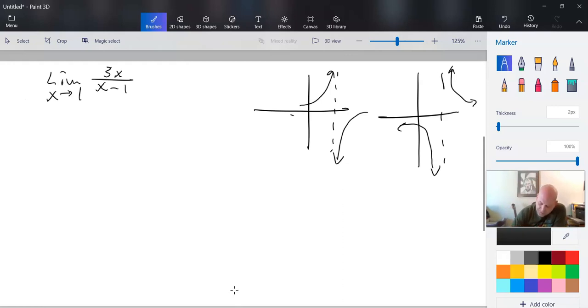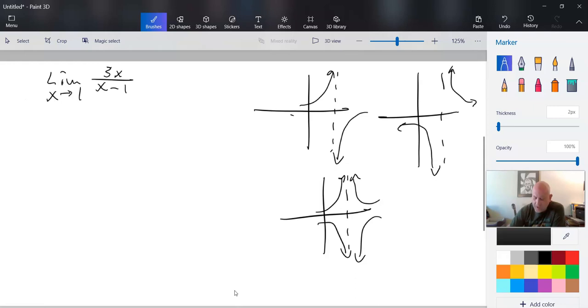The other ones either will both go up or both go down, right? In this case, either if they both go up or if they both go down, they are heading the same place, in which case we would say that the limit is either positive or negative infinity. And so that's really what we're trying to dice out most of the time.